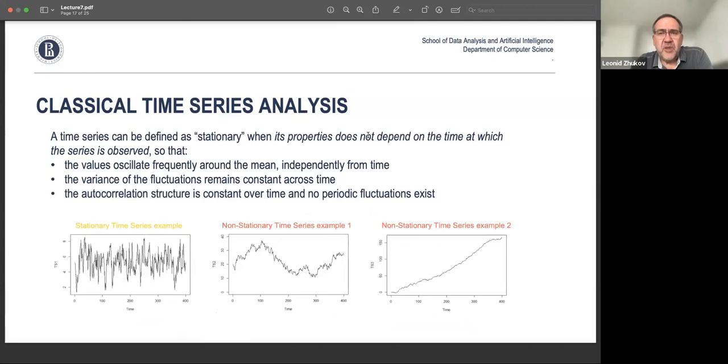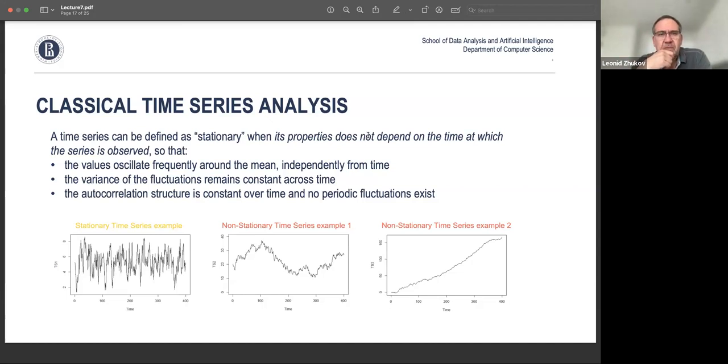Now, a couple of other important points about classical time series analysis. It works well when the data is stationary. Stationary data means the properties of the data don't depend on time, on the interval in which you do the observations. For example, for stock prices, that's really not true; the properties might change literally daily or hourly.